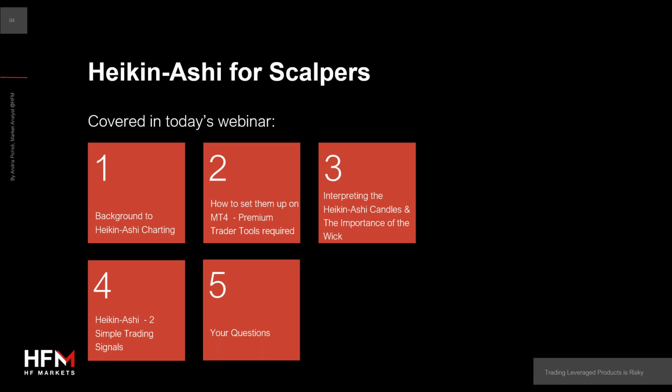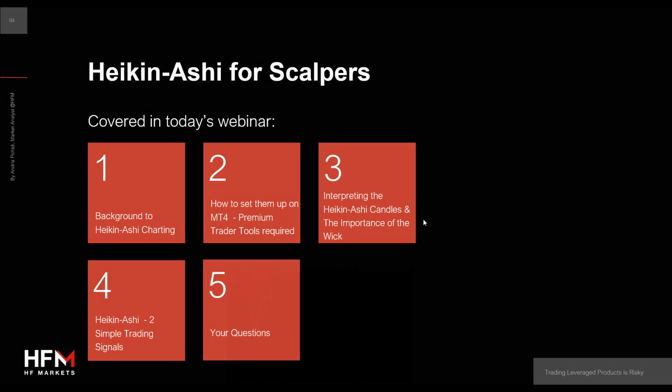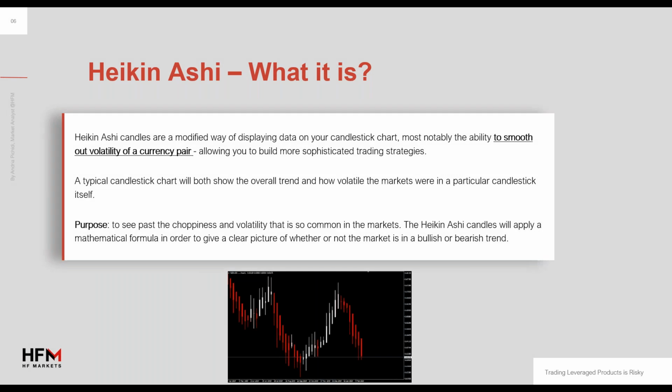They look very, very similar actually to the usual candlesticks, the Japanese candlesticks. However, they have a different interpretation. Also, we're gonna go through two very, very simple trading signals. Feel free to ask anything, absolutely anything you want.